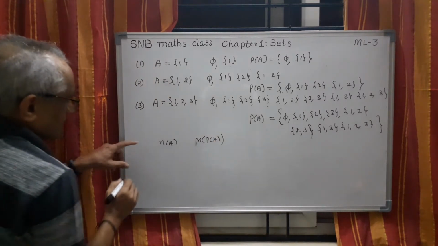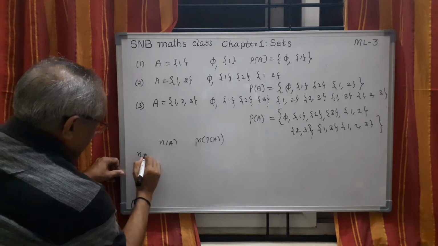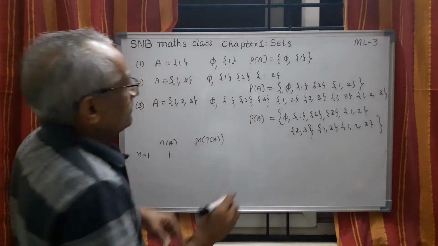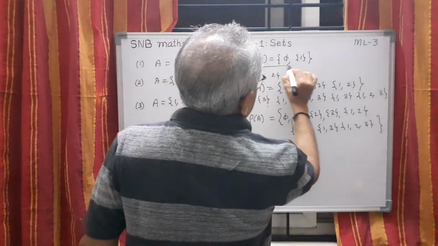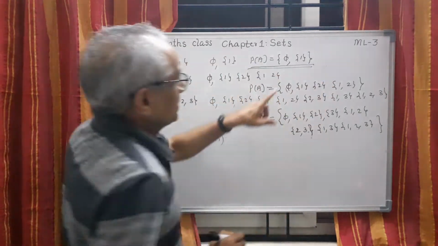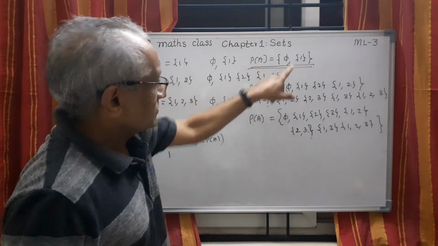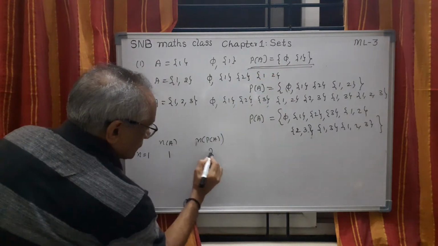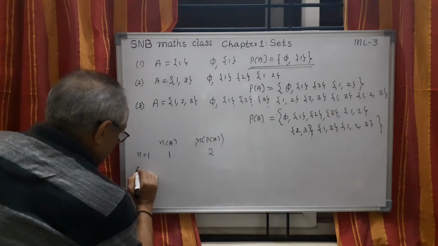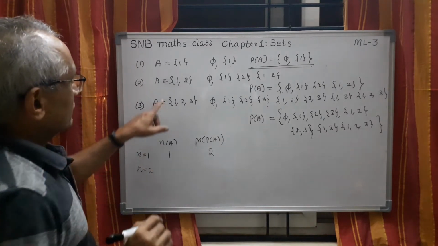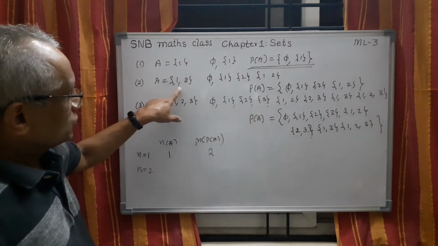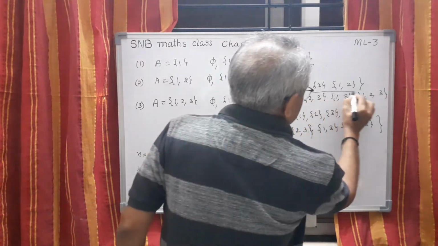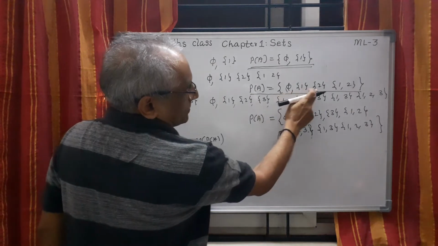Let me take n equal to 1, that means one element here. The power set contains two elements. So the number for the power set is 2. Then when n equal to 2, that is when the number of elements of A is 2, the power set contains 1, 2, 3, 4.